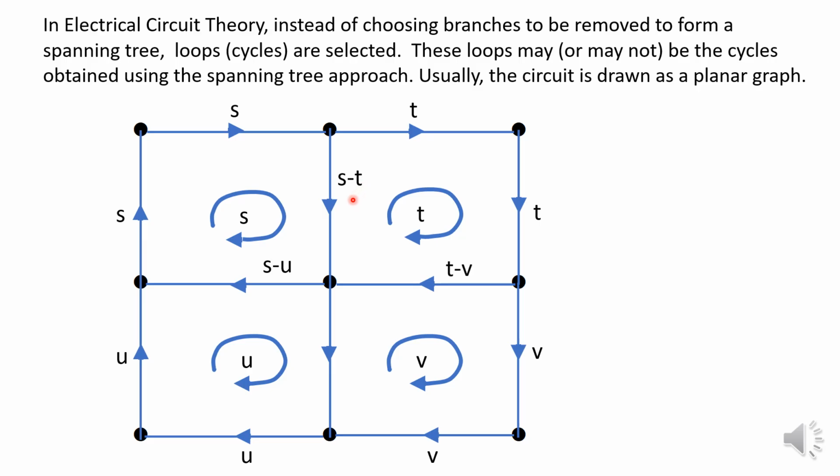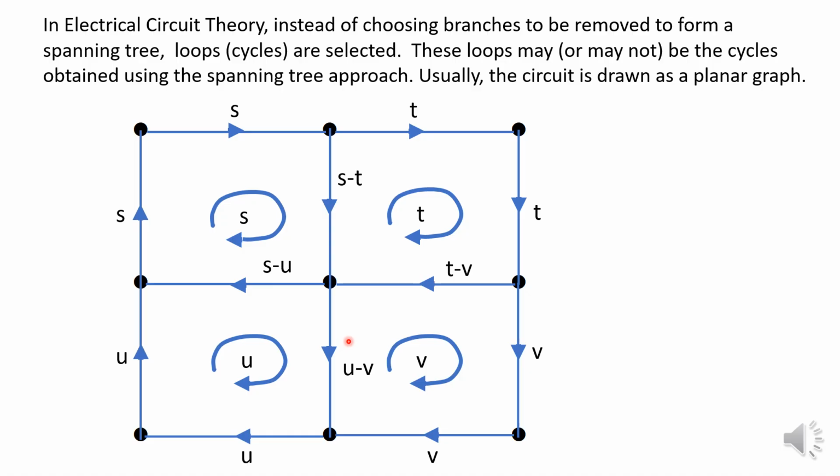And then on this branch is plus T because it goes in the same clockwise direction as the T, but it's in the reverse direction as the V, so it's minus V here. And then for this branch it's plus U and then minus V going in the opposite direction.